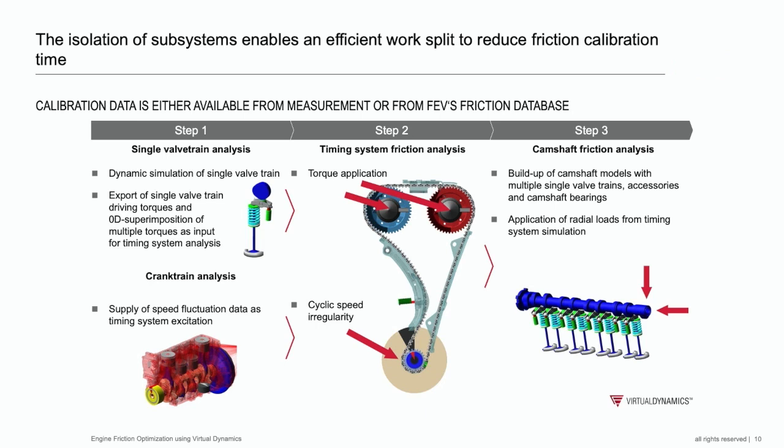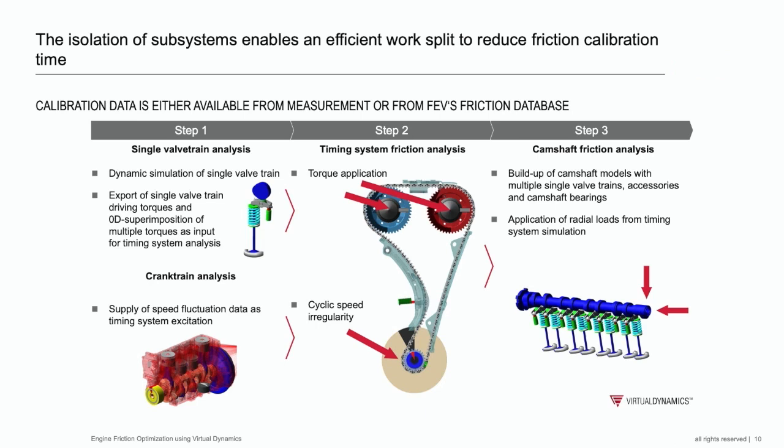I have brought a small example on how we approach the friction analysis of a whole valve train system, including the timing drive. In step 1, we do a full flexible analysis of the single valve train in order to derive some torques that can then be applied on the camshaft sprockets. We do a crank train analysis, also full flexible, and impose the resulting cyclic speed irregularity on the crank sprocket.